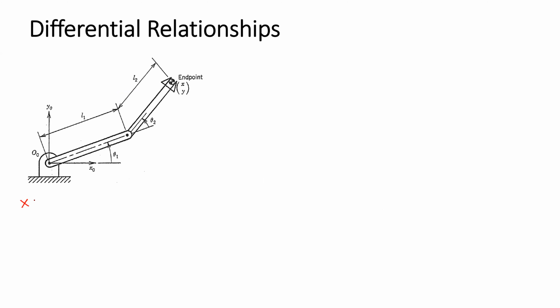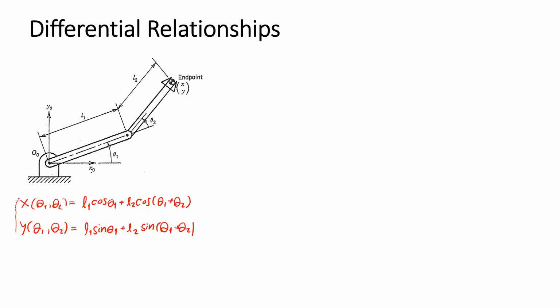The x position is a function of θ1 and θ2, right? x is L1 cosine θ1 plus L2 cosine (θ1 plus θ2), and the y coordinate is L1 sine θ1 plus L2 sine (θ1 plus θ2). x and y are measured with respect to the global frame.